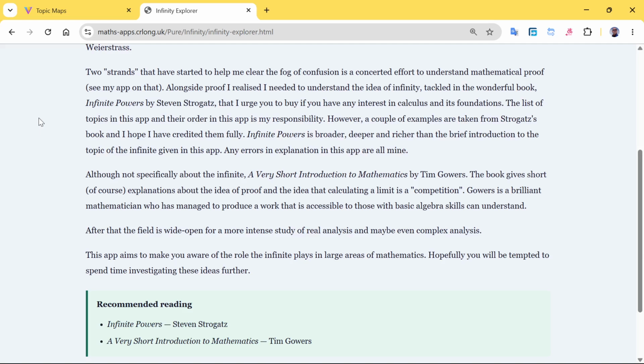The other book I would definitely recommend is A Very Short Introduction to Mathematics by Tim Gowers, and although it's not specifically about the infinite, it does give you a very useful introduction to the idea of proof, and a particular section about a limit being a competition, and the ideas how to think about the epsilon delta relationship in a limit.